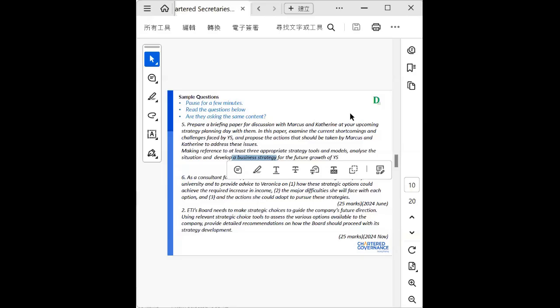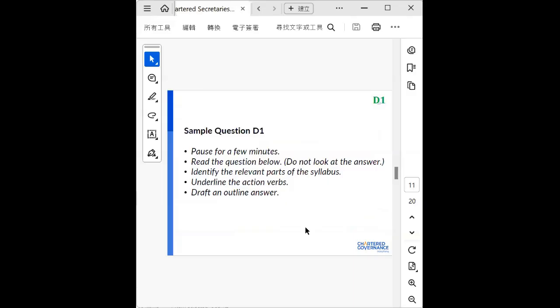So question two requires you to make strategic choices to guide the company's future directions. Very rarely do you have a full 25 marks question on section D, right? So you can see that it's a bit difficult, because you need to know the other parts as well.